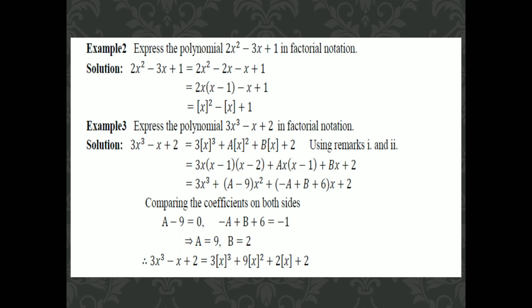By taking a common term from the first two terms, we take 2x as common, and the remaining terms are x minus 1, minus x plus 1. In the first term, x into x minus 1 can be written as the factorial notation of x square. So we get 2 into the factorial x square minus x plus 1.